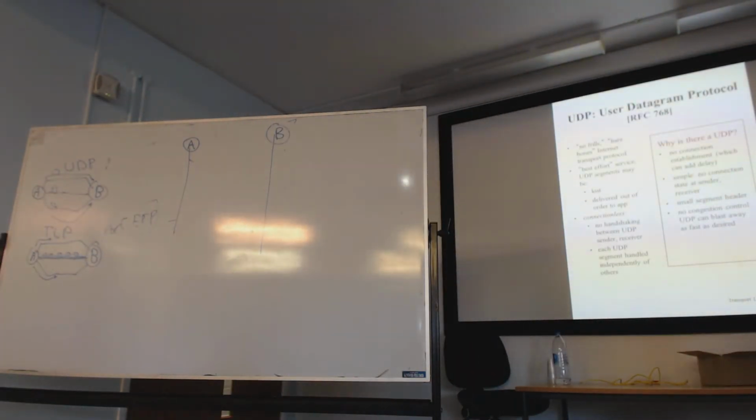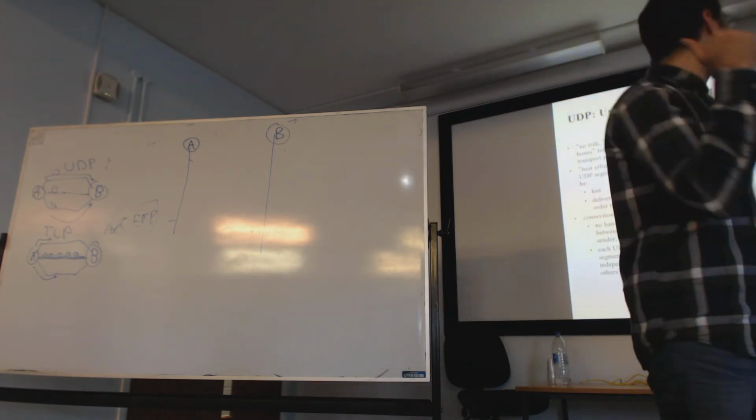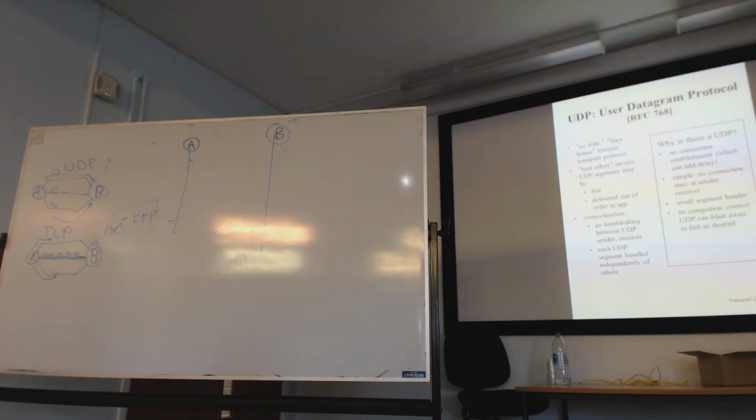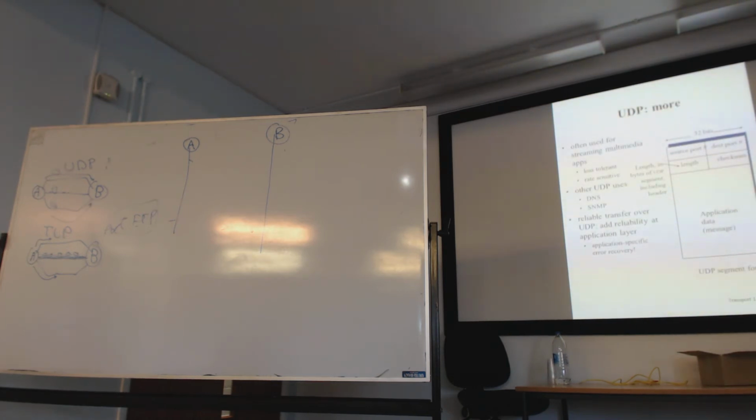That's why speed is a very major point here. You can see how simple it is, and I'll show you the structure of it in the next slide. That's how simple it is. It has 32 bits, with 2 sections of 8 bytes each. If you look at it, it has the source port number and the destination port number.